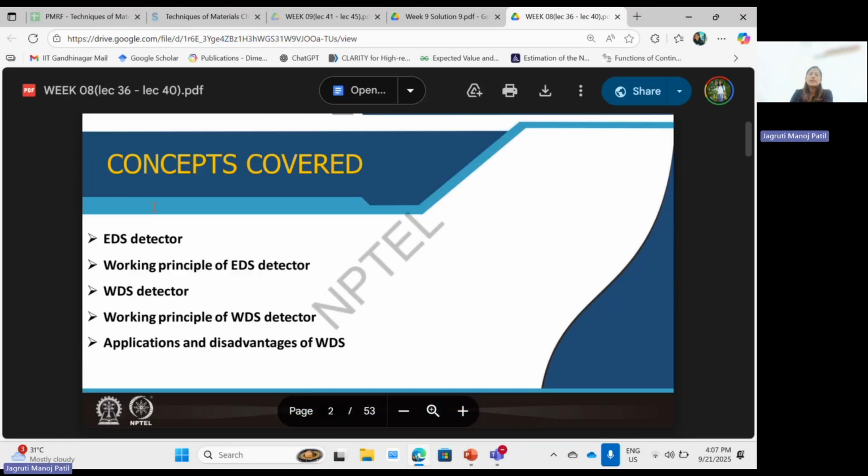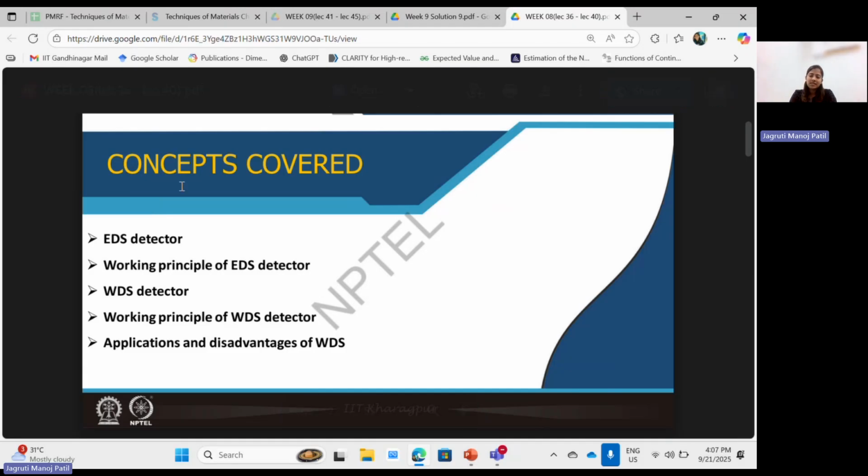So we have the EDS detector, then the working principle of EDS and WDS, and then the application and disadvantages. Till now, based on the assignments we have done so far, I hope everyone knows why we are using EDS and why WDS, which one is broadband, and which one gives you information about a specific wavelength of a particular element.